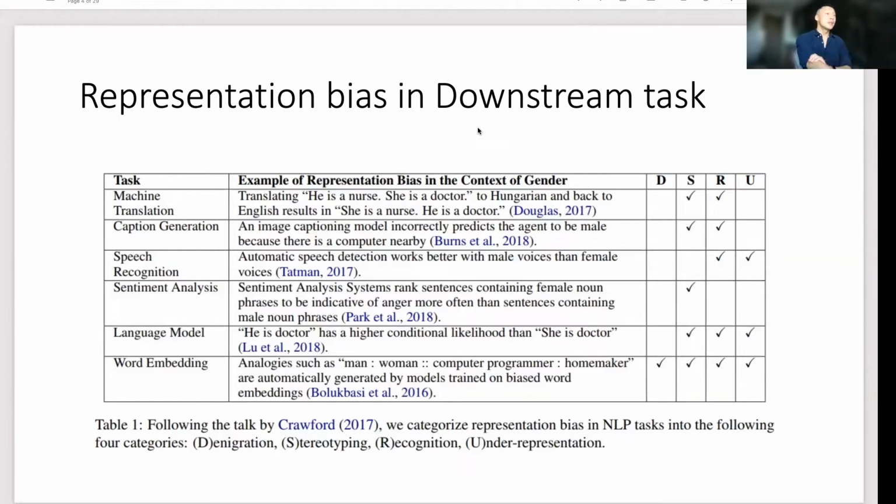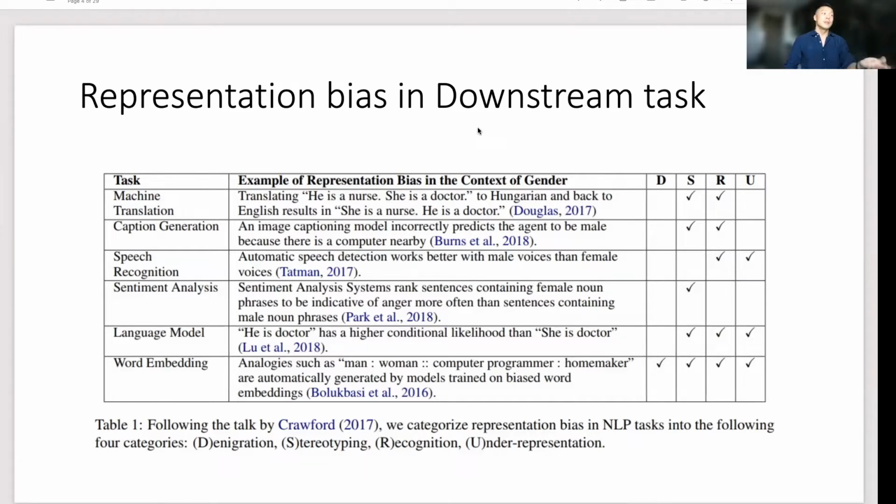Speech recognition can be an underrepresentation kind of problem too. In Chapman 2017, they found that the speech detection system worked better with male voices than female voices, very similar to the example that I gave earlier about an algorithm that would detect human versus non-human.